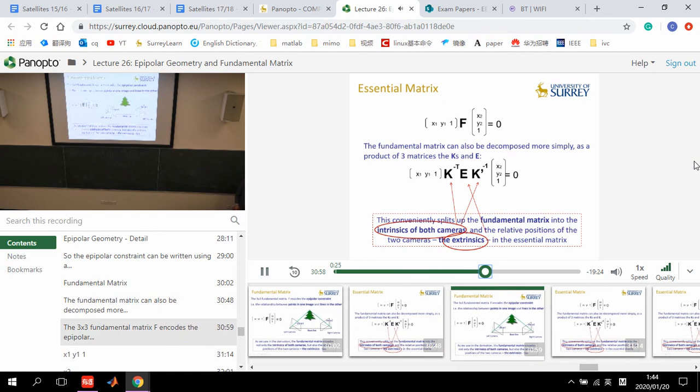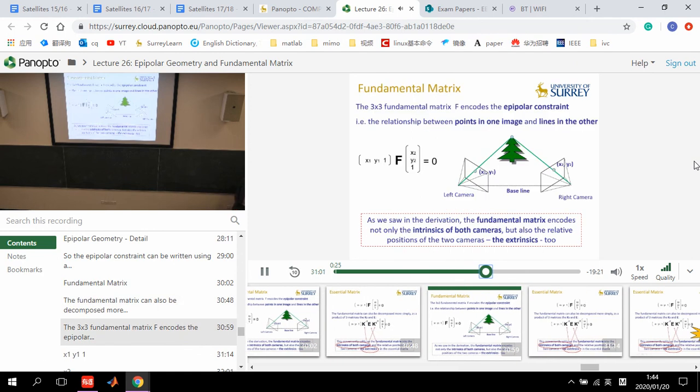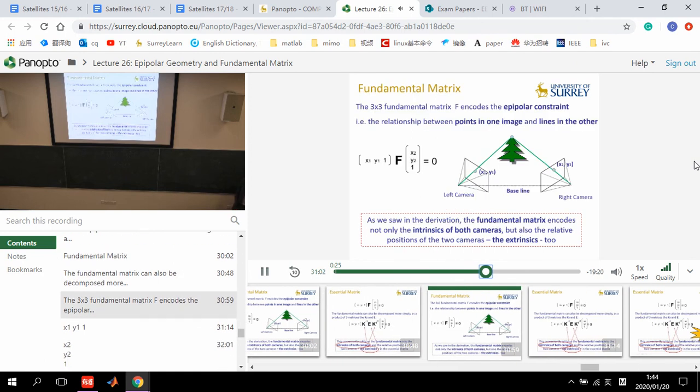Having observed that there's this thing called the fundamental matrix that encodes the epipolar constraint, if we can estimate it, it would be useful to be able to decompose it such that we could get the intrinsics and extrinsics back out of it.